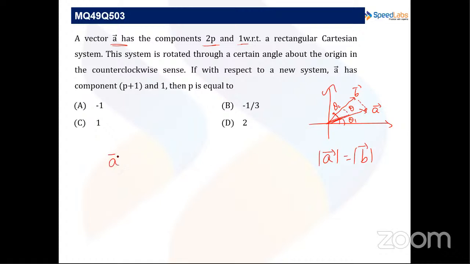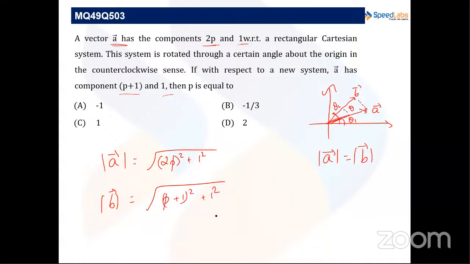Initially the components were 2p and 1, so the magnitude of A is the square root of 2p square plus 1 square. When we have rotated this, let's say the new vector is B, so mod of B will be the square root of p plus 1 whole square plus 1 square. So mod A will be equal to mod B. So we get 4p square plus 1 equals p square plus 1 plus 2p plus 1.